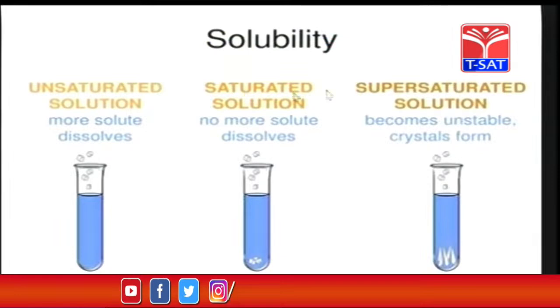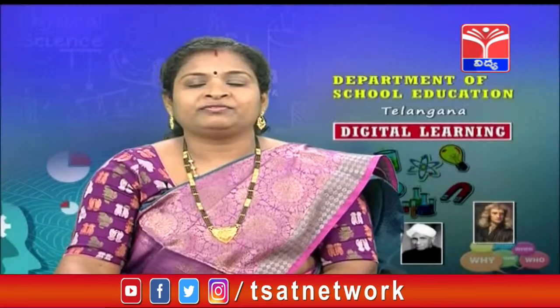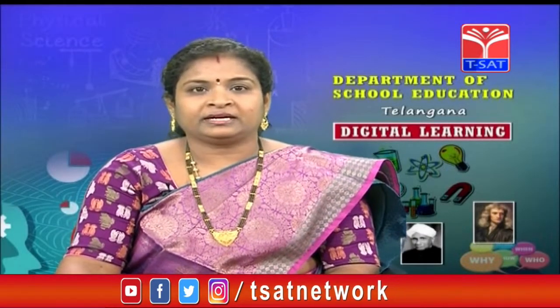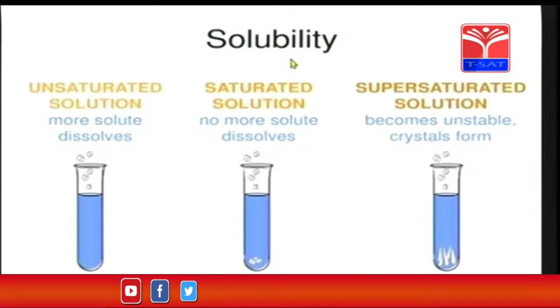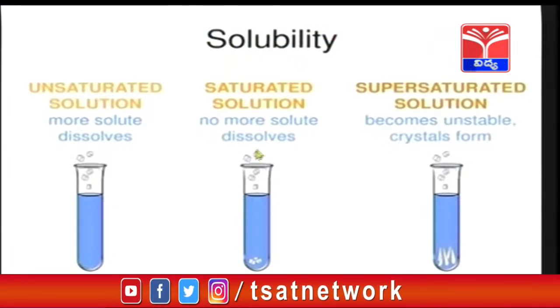Children, based upon the solubility, we can differentiate the solutions into 3 types: unsaturated, saturated, and supersaturated. So we know that solubility is the amount of solute present in the saturated solution. So saturated means what?